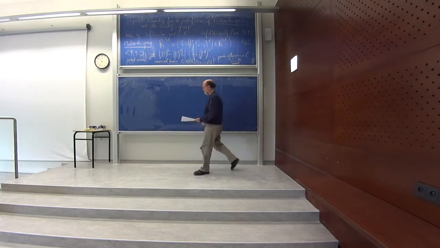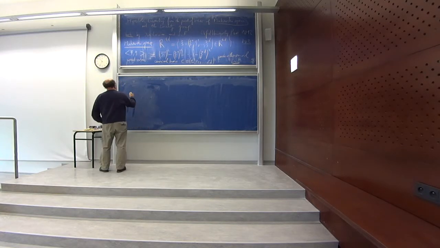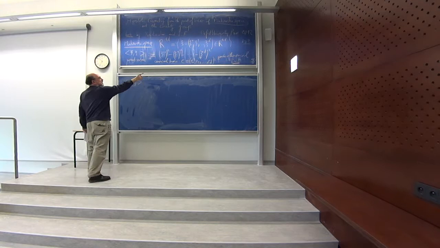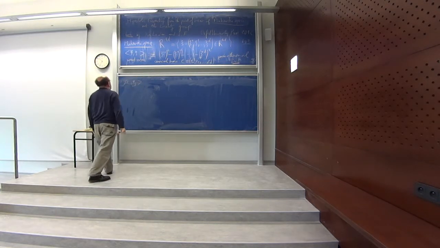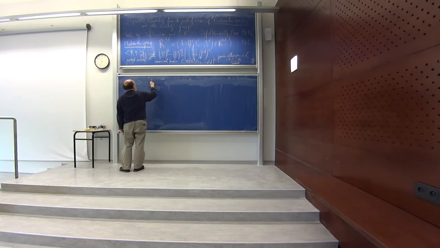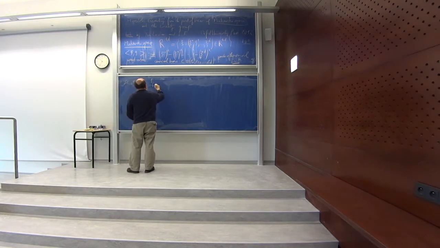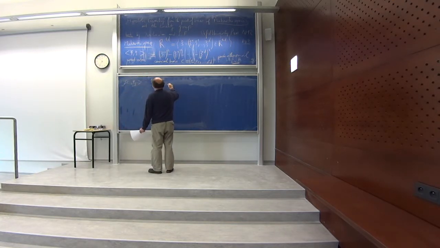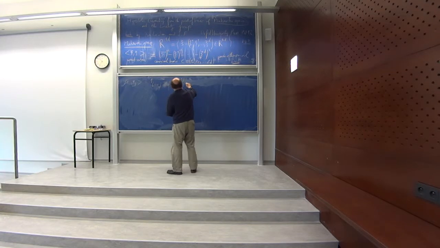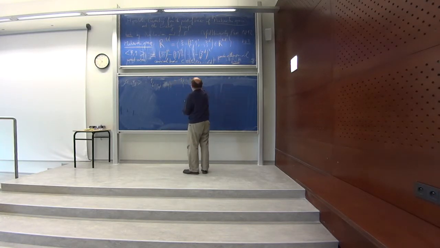So I have relations explaining that it is pseudo-orthonormal. This will be 1 if i equals j equal to 0, or minus 1 if they are equal and not less than 1.